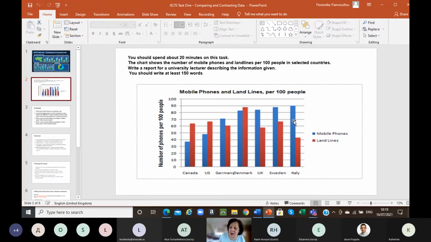So the highest is the superlative, isn't it? The country with the highest mobile phone use is Italy, whereas the highest landline use is Denmark. So if you look there, I'm using two superlatives and I'm also comparing them. And again, they are examples of how they will award you grades in the IELTS exam.